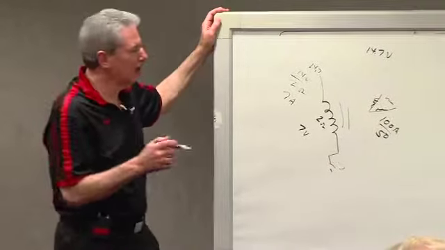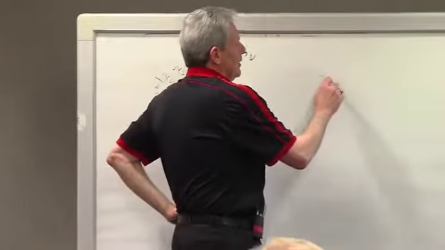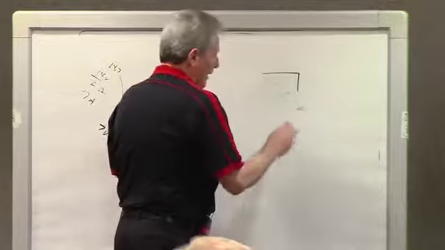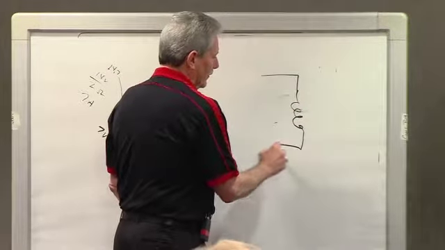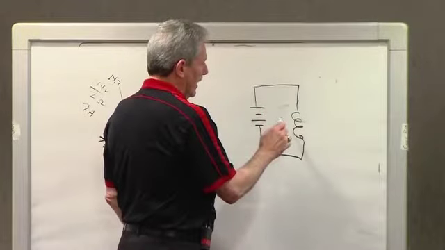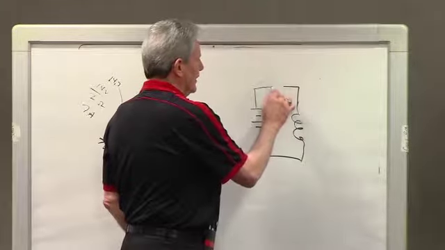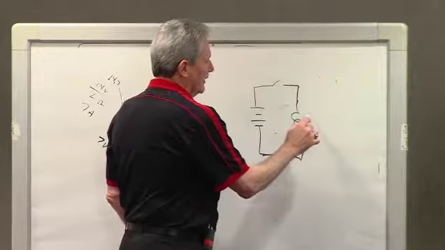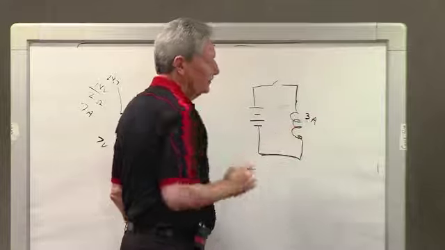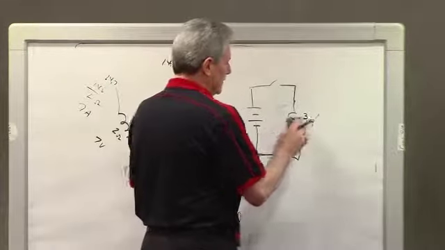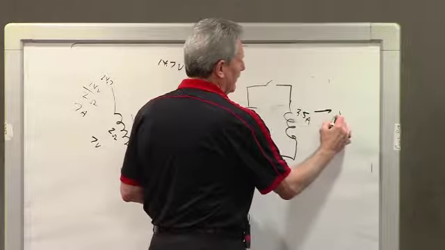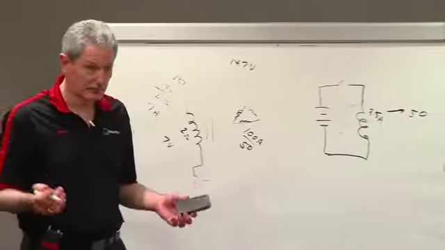So the best way to do that is to get a power supply and put some kind of a switch here, and make this 3 amps, 3.5 amps. And that will give me 50 amps output. Okay.